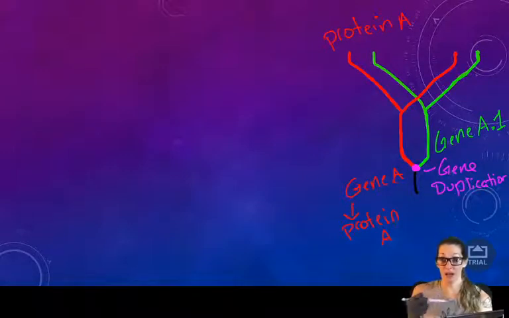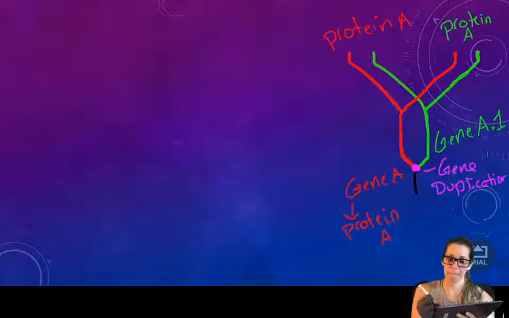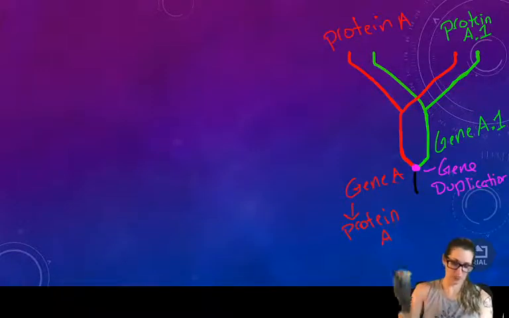So over time, it might start producing a different protein if it experiences changes in its genetic sequence. So gene A and gene A.1 are related in a different way.